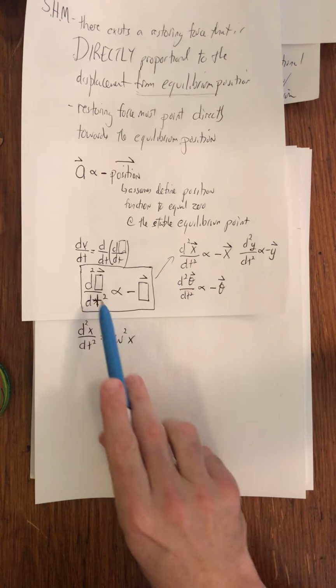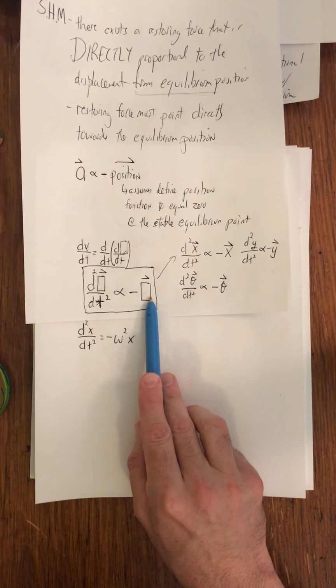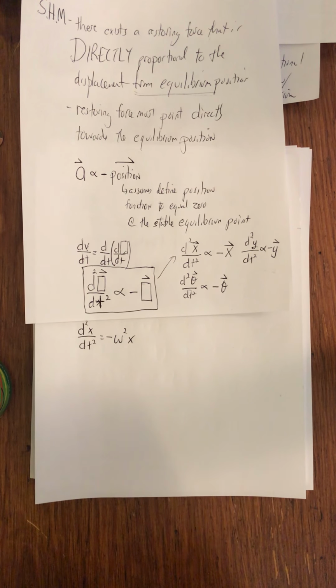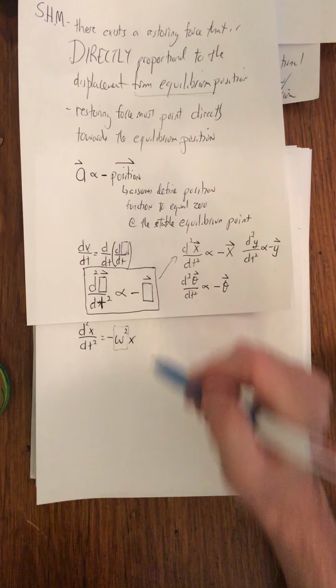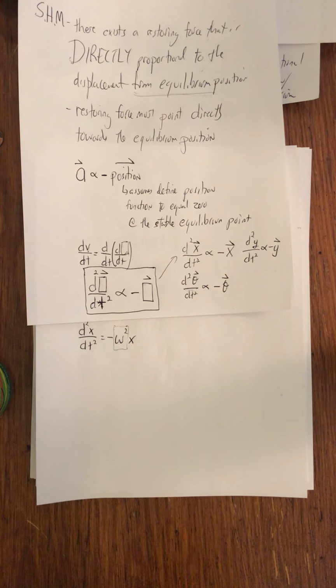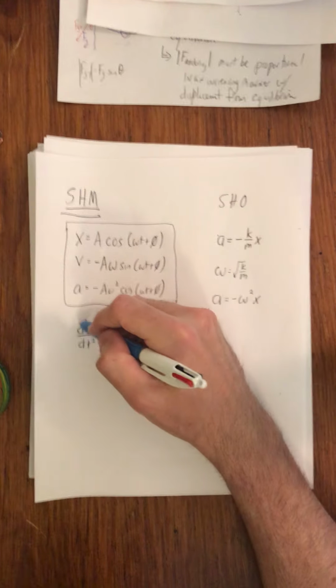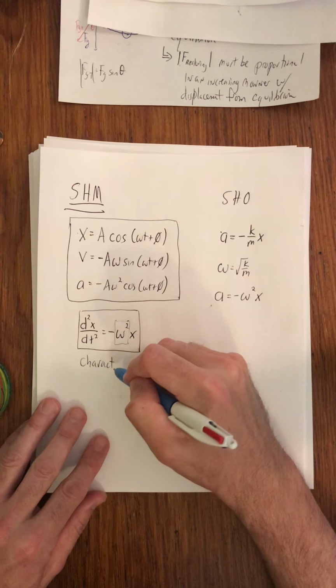The second derivative of a position function was directly proportional to the negative position function. And I said that to turn a proportionality into an equation, you needed a constant. Apparently that constant is the angular frequency of that simple harmonic motion squared. So this equation here, folks, is known as the characteristic equation of simple harmonic motion.